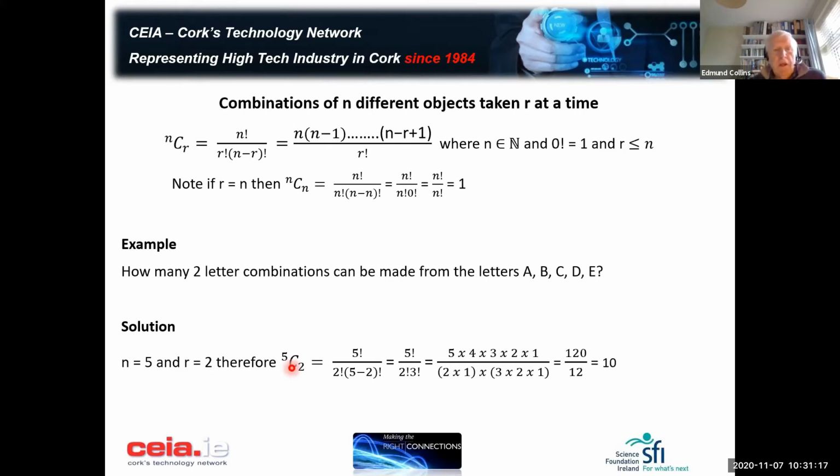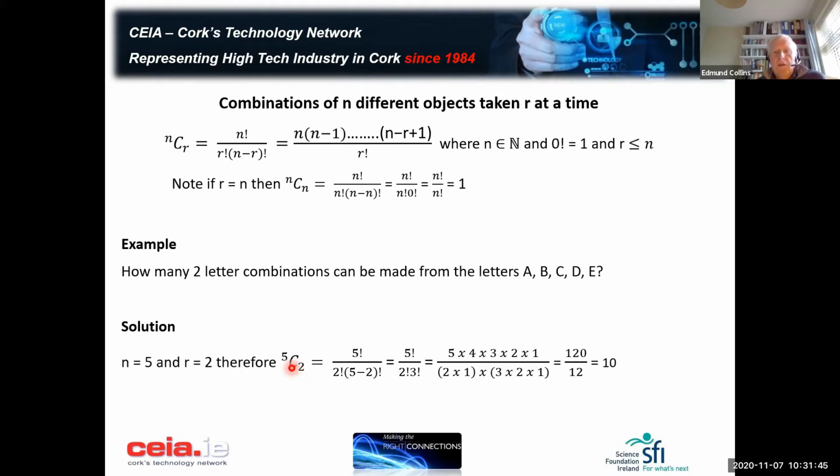Now we're coming on to the very important combination. So remember, order is not important in a combination. This slide goes through the combinations of n different objects taken r at a time. We're dealing with the same n and r here, and I've brought in the designation nCr.